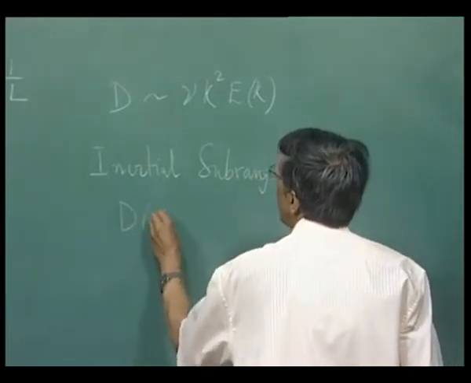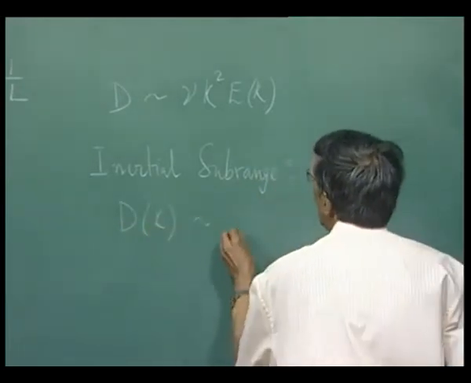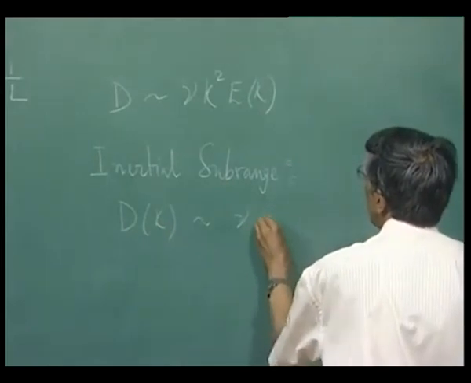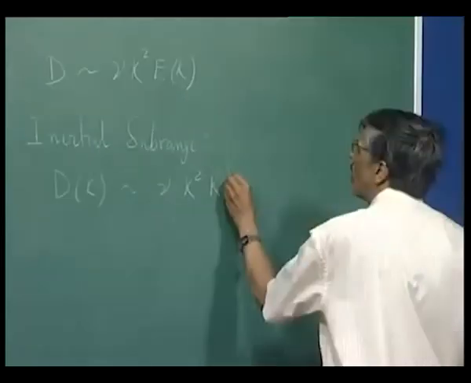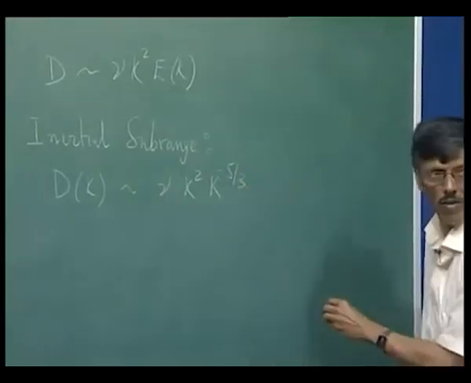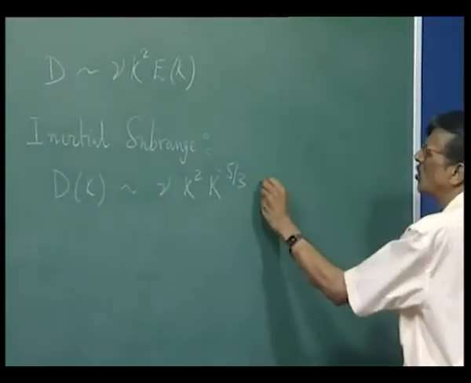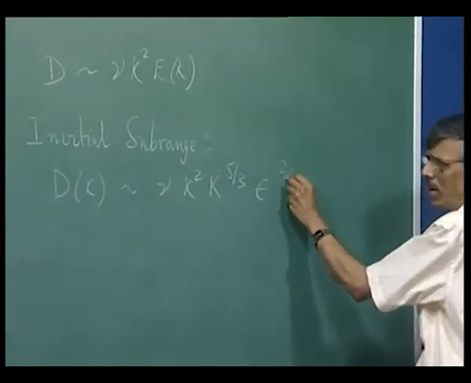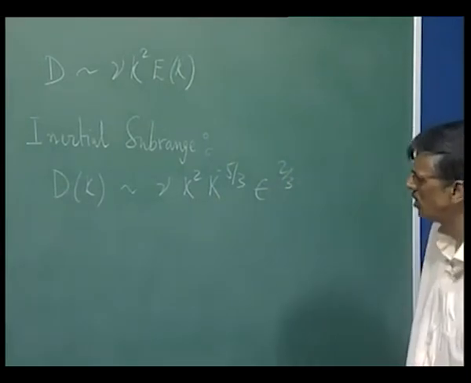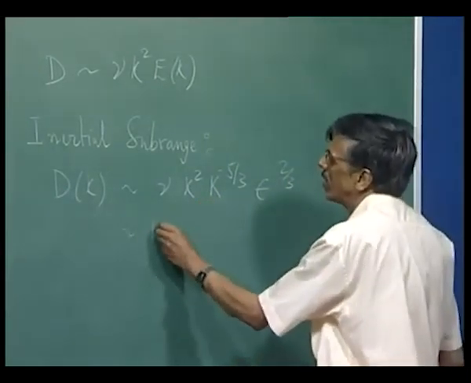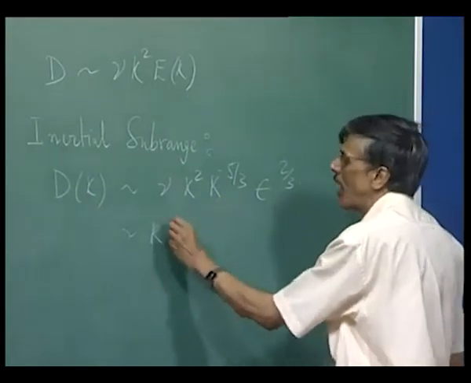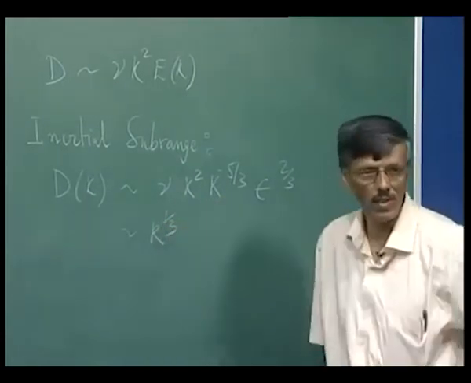D k goes as nu k square and E k is k to the power minus 5/3, right, and of course, that epsilon term is there. So, that is not the issue, but you can see d k then goes as k to the power plus 1/3, is not it.